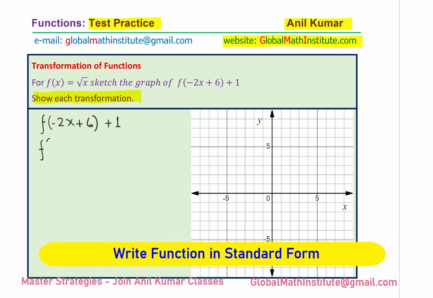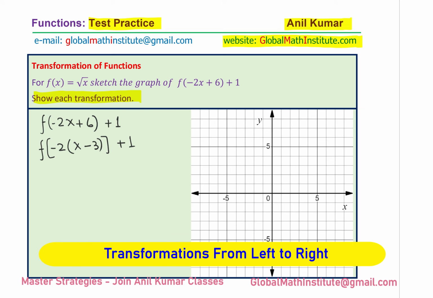I prefer to write a square bracket here. Factoring minus 2 gives me x minus 3, right? So why did I get minus 3? Dividing 6 by minus 2 is minus 3. So now you have a very familiar transformed function which will help you sketch the graph.